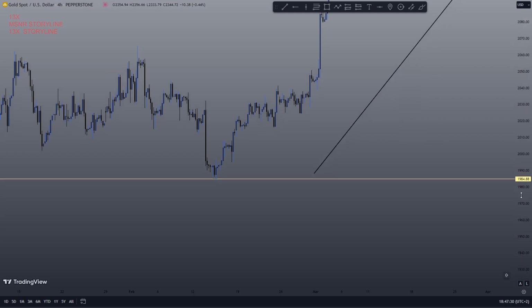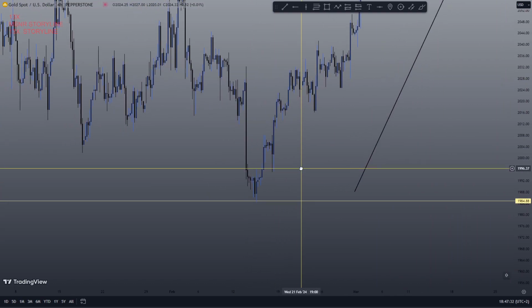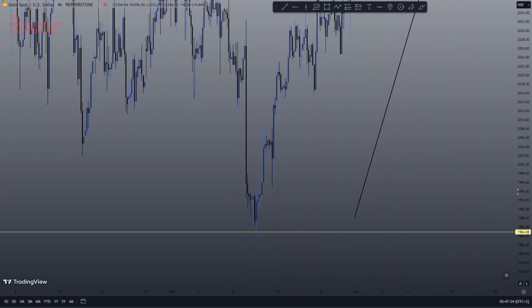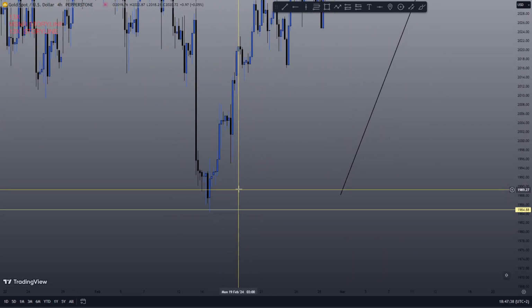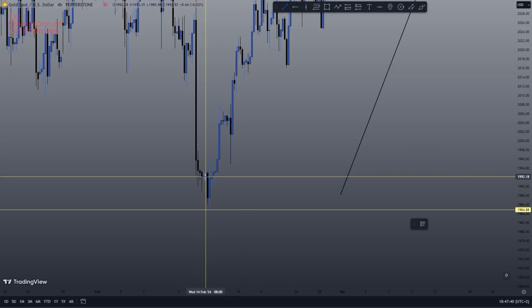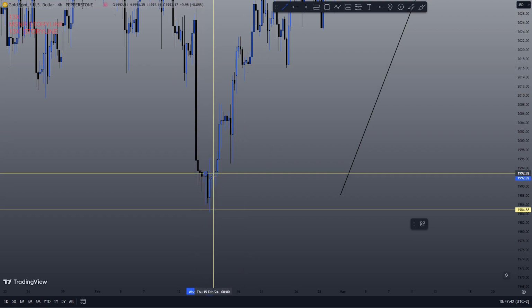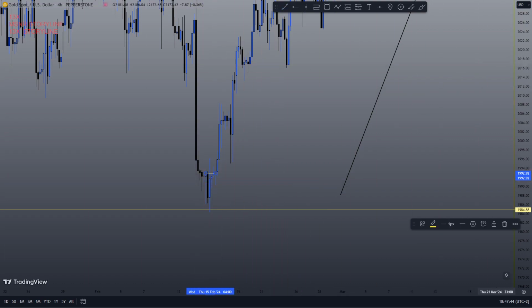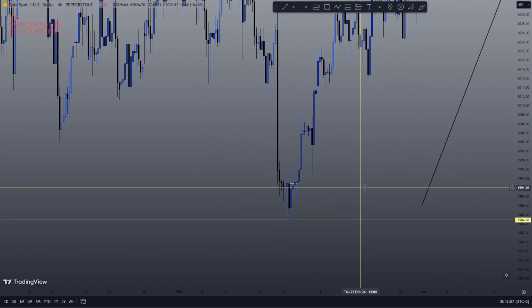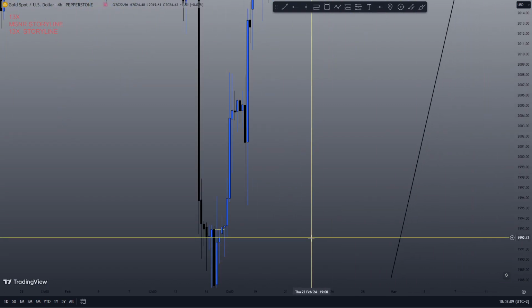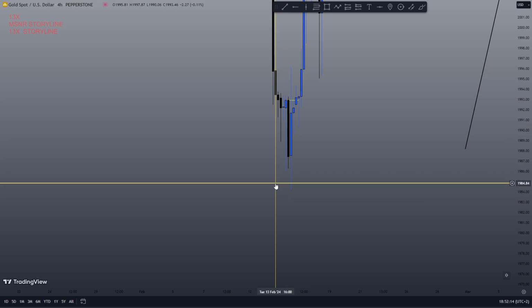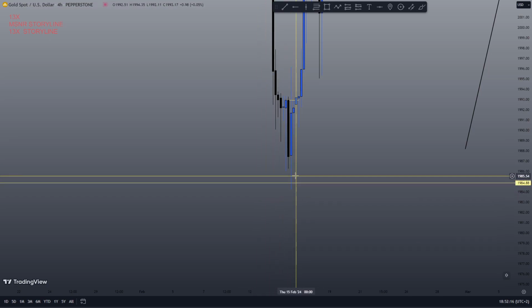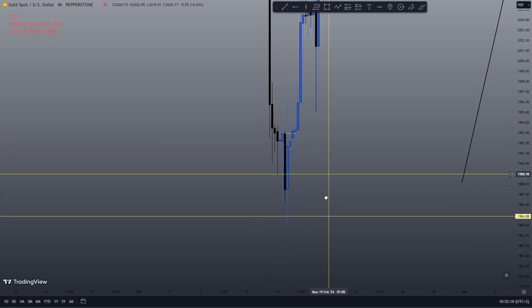As you can see, the last H4 level is here. So as you can see here, we have our H4 breakout, the last H4 level that got created before price touched our level.